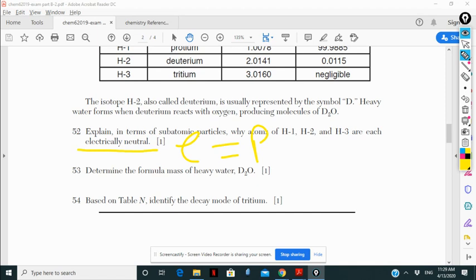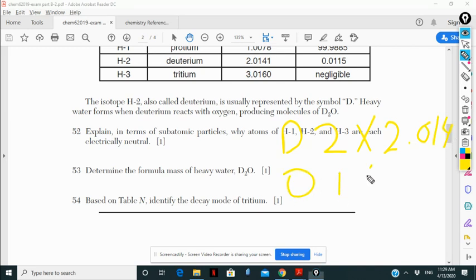Determine the formula mass for D2O. So I have D, that's 2 times 2.014. I have oxygen, 1 times almost 16.